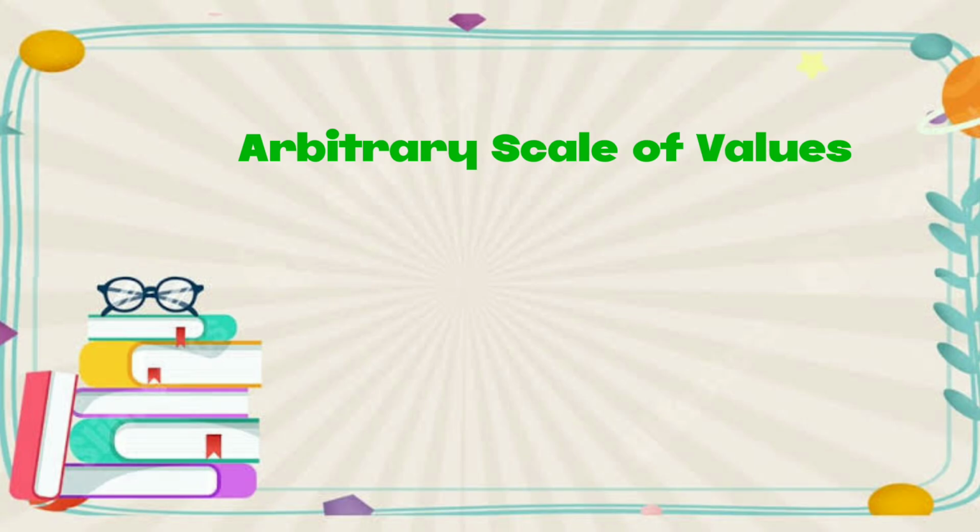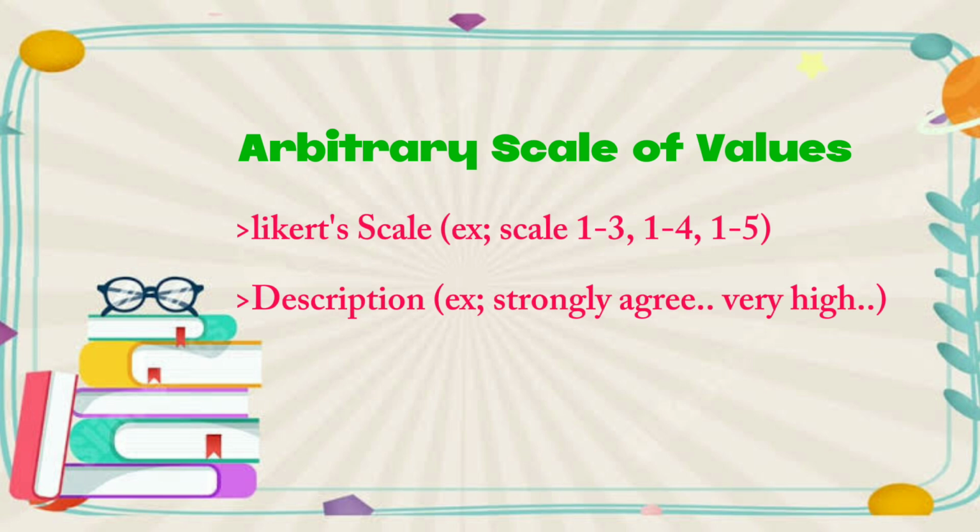This is where the researcher presents any measure, for example, using the Likert scale, 1 to 3, 1 to 4, 1 to 5, and of course, the corresponding values and verbal or adjectival interpretation or description, like strongly agree, agree, disagree, strongly disagree, or very high, high, low, very low.